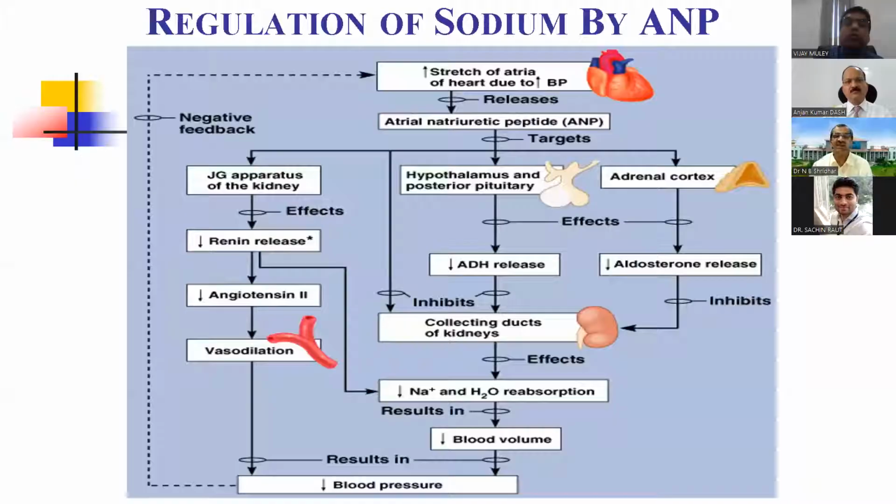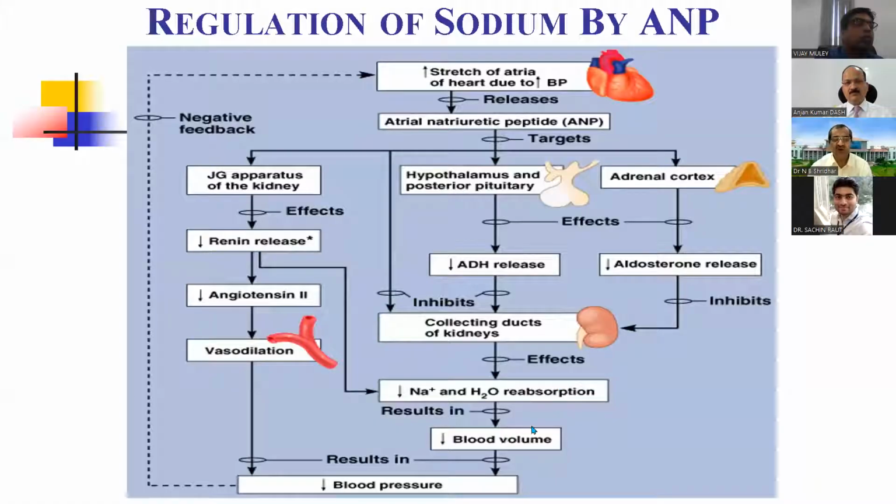Once again, whenever there is a negative effect or regulation of this, the water and electrolyte balance is also one of the important things, especially directly the sodium reabsorption, water balance, and the blood pressure. They are all interrelated due to many complex mechanisms, maybe the hypothalamus, adrenal cortex, and the juxtaglomerular apparatus, and many more.